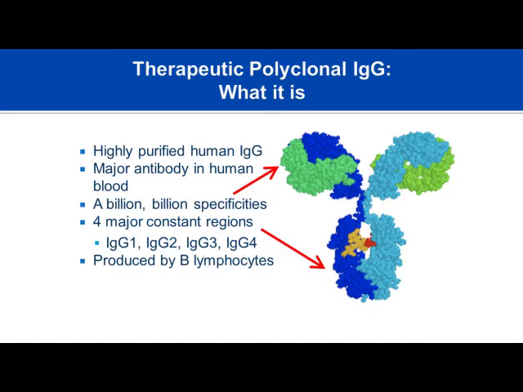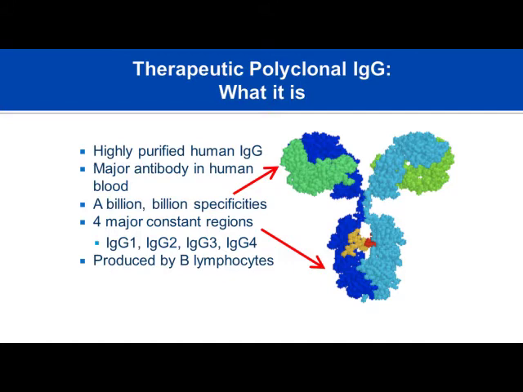The two red arrows point to the important regions of the molecule. The two regions that look fairly similar are the combining sites, the so-called antigen combining sites. These are where the billions and billions of specificities are contained. And every single antibody molecule can have a unique specificity.